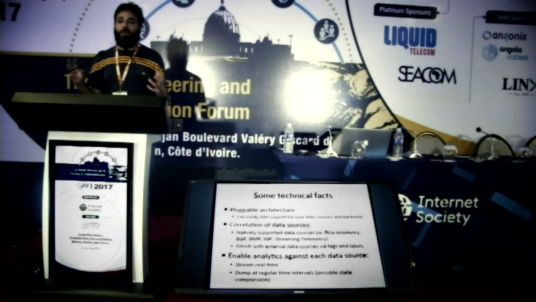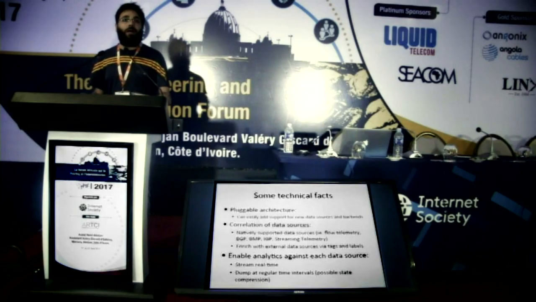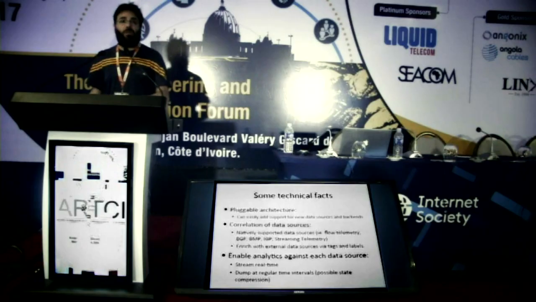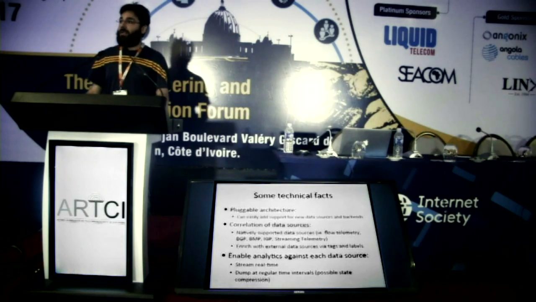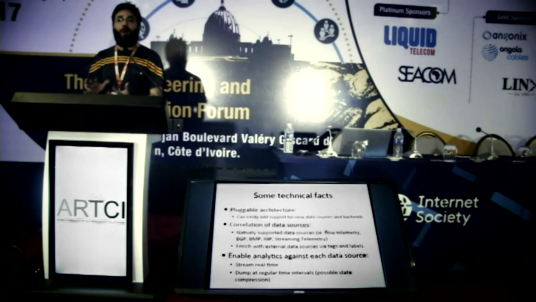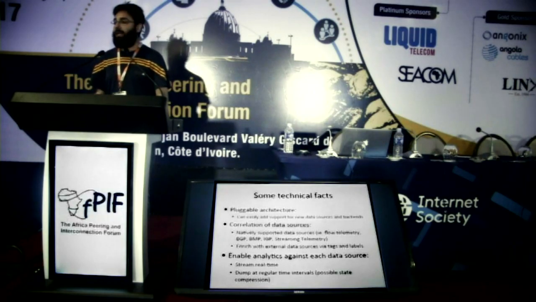You can combine them in different ways, and you can combine external information to this through maps, and you can have one big record, one big tuple correlating all this information together, going to the backend. But at the very same time, you can also take all of these data sources in a separate way, so that you can do analytics against each of them.